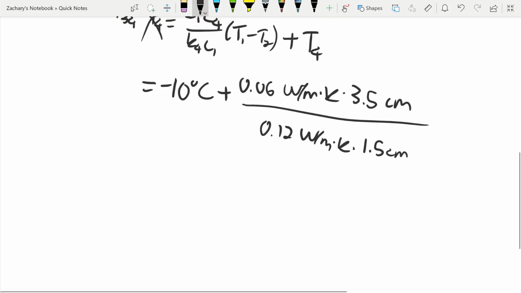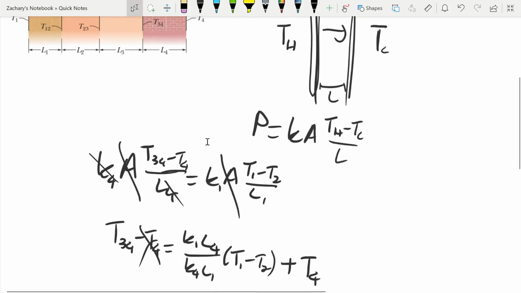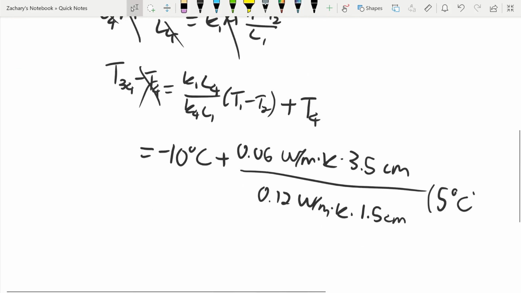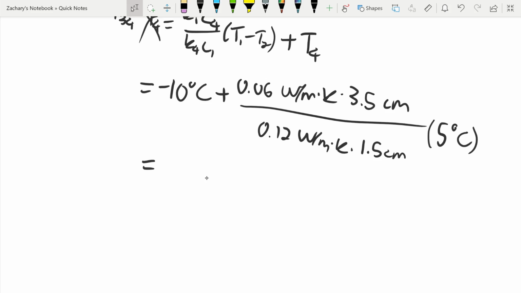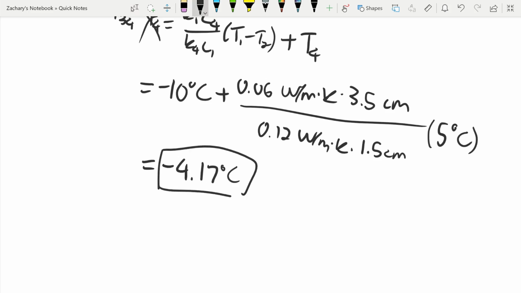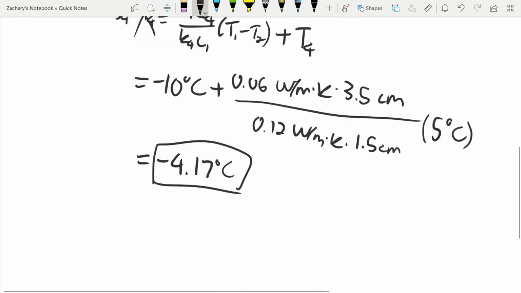And then times T1 minus T2, which is 30 minus 25, just 5 degrees Celsius. You can plug this into a calculator or do it in your head, and you end up with the answer of negative 4.17 degrees Celsius. So the interface temperature between the third and fourth layers is negative 4.17 degrees Celsius.